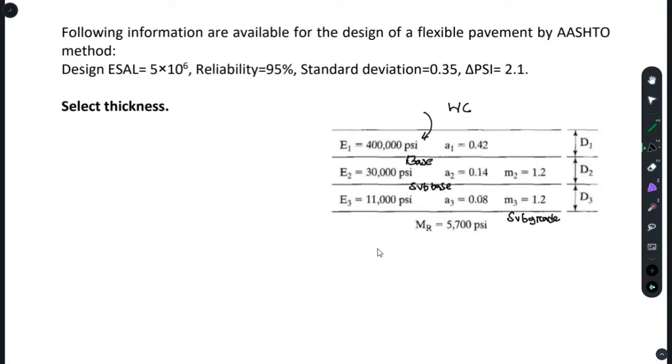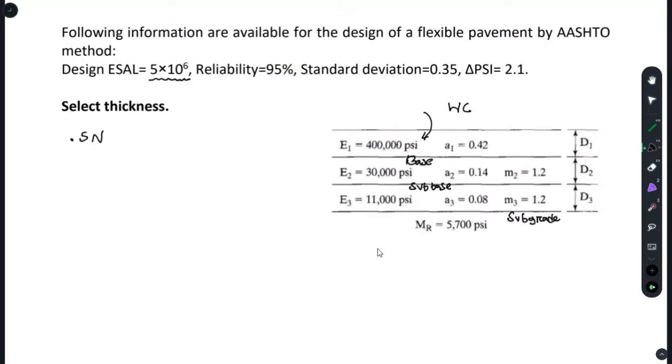In this method, first of all, we find out structural numbers, and that is based on the parameters we have, that is the vehicle parameter, which is ESAL, equivalent single axle load.